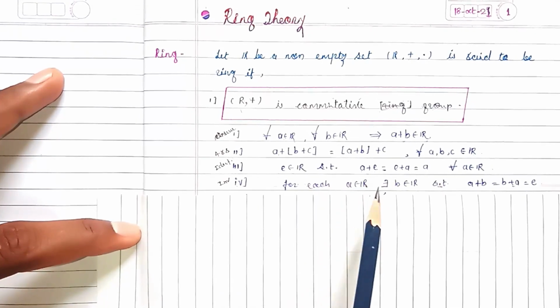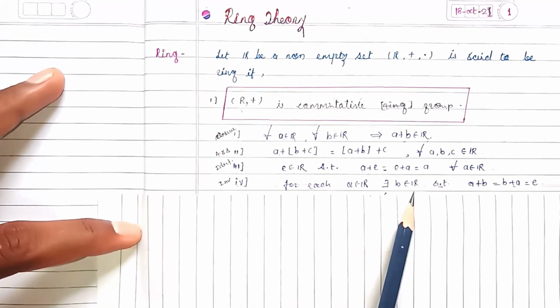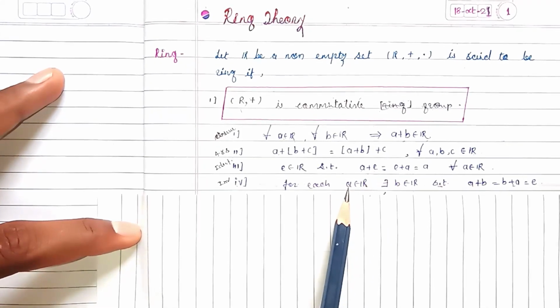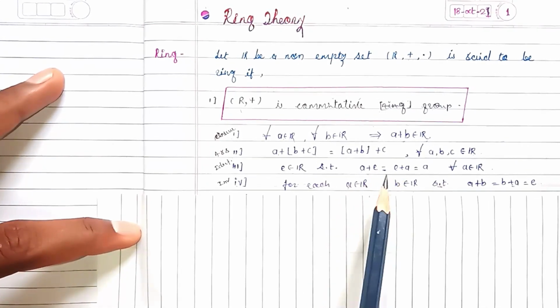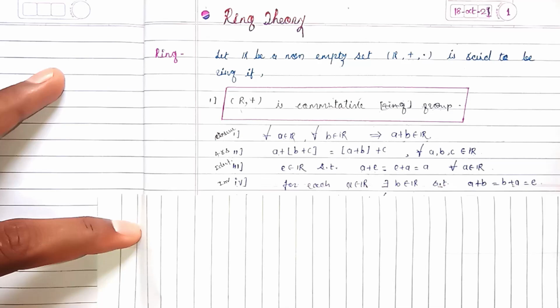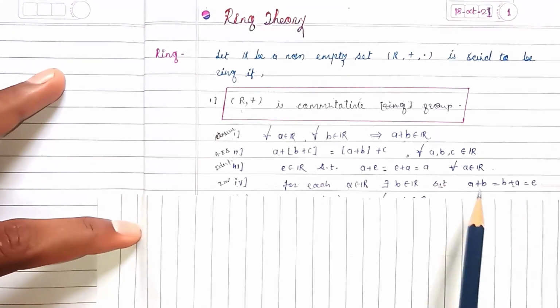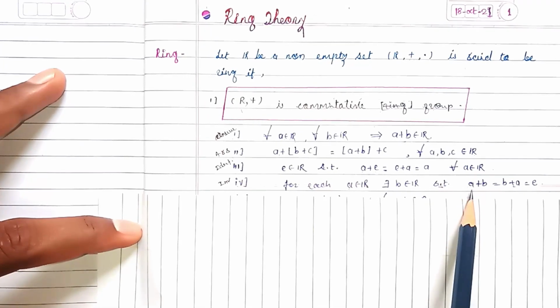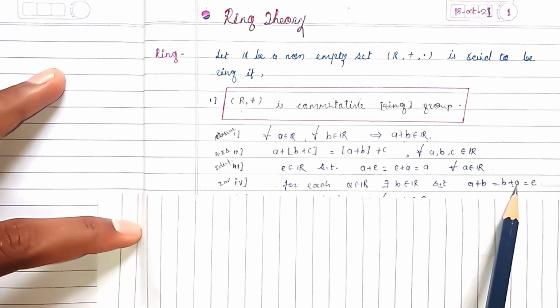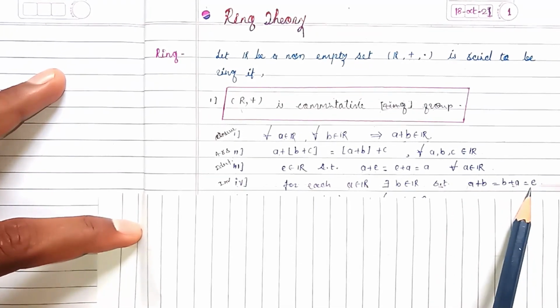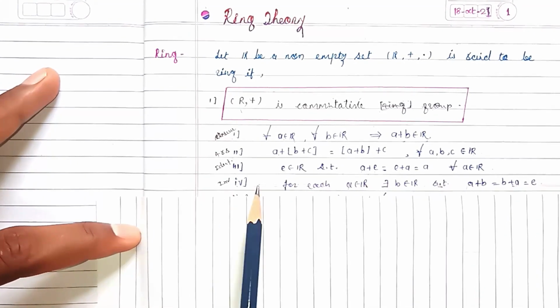If a belongs to R, there exists b belongs to R such that a plus b or b plus a gives the identity element. This is the inverse property.